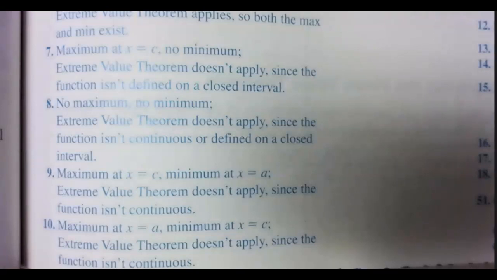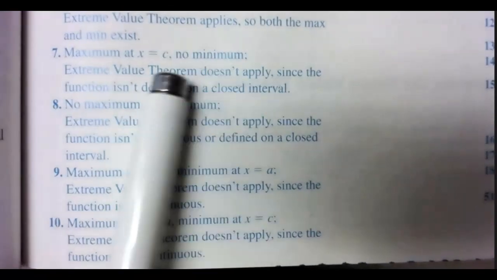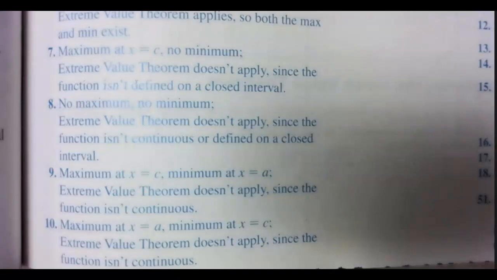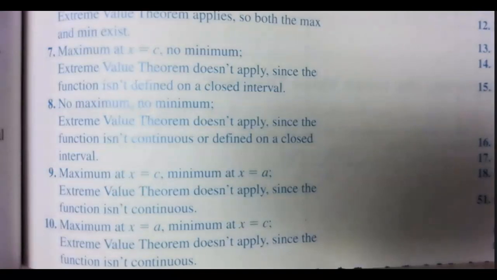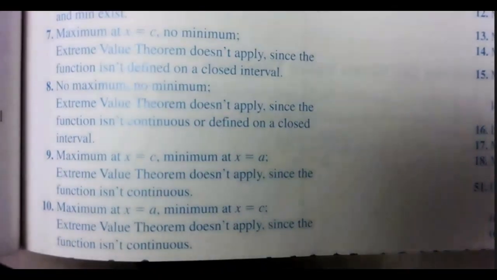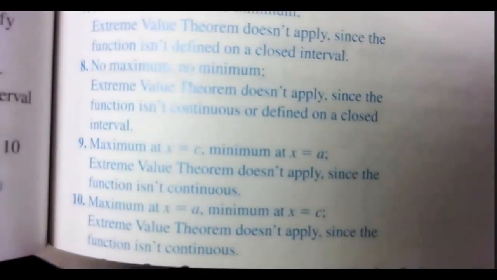So again, even though EVT does not apply, it doesn't mean we can't have a max or a min. It just means they're not guaranteed. So in 7, you have a max at C, but no minimum. Okay, I'm going to let you read through 8, 9, and 10.